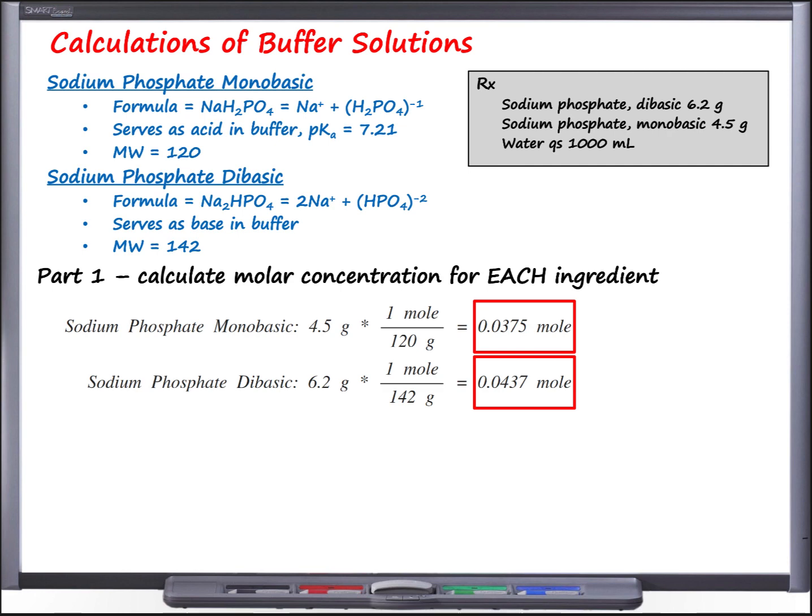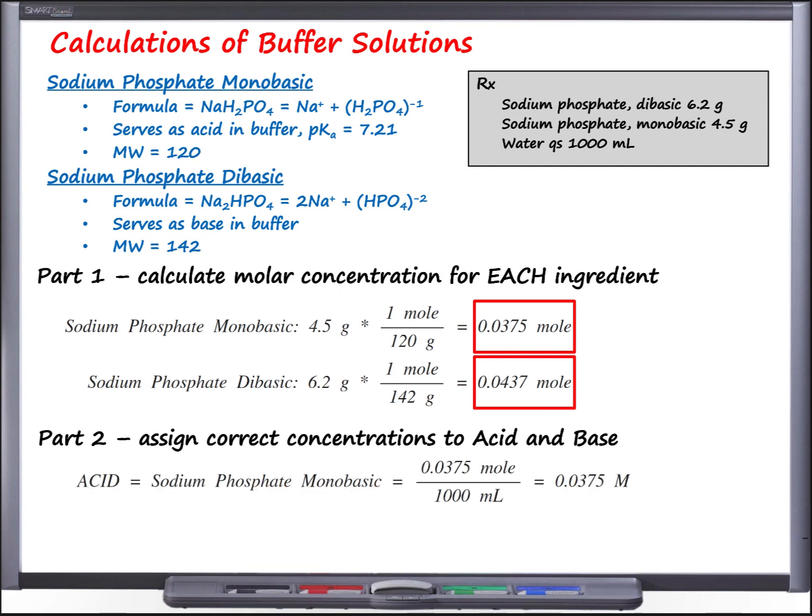Easy enough? Part 2 is that we're now going to calculate the molar concentration, but we need to remember and absolutely fix in your mind which is the acid and which is the base. Let's start with the acid. The acid component in our buffer solution is the monobasic sodium phosphate.